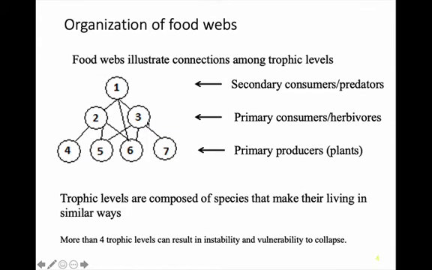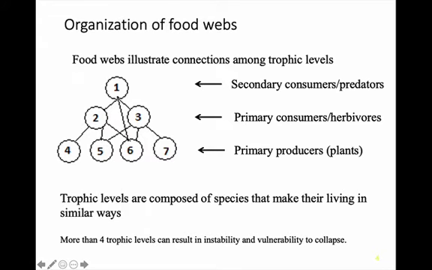Plant number 7 is exclusively consumed by herbivore 3. Okay, and you can get a tip as to the likelihood of long-term coexistence of individual species at a particular trophic level by looking for these unique relationships. This means that this species here has a resource all to itself that it doesn't have to share. Okay, that's a good thing.